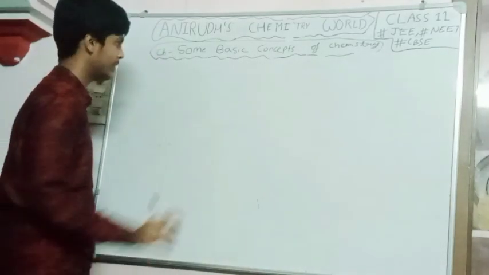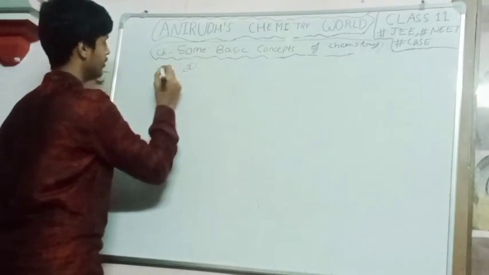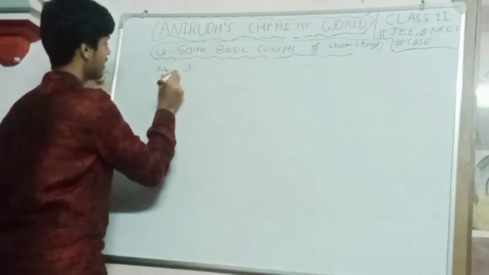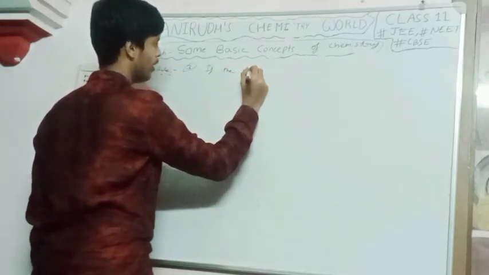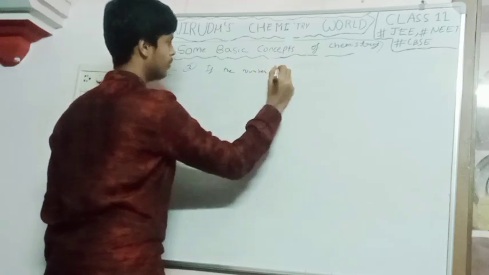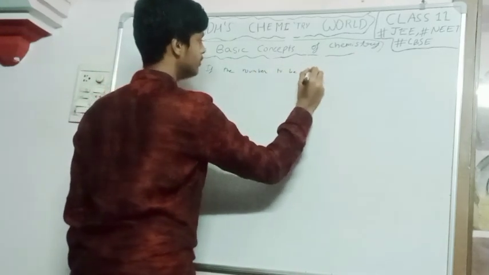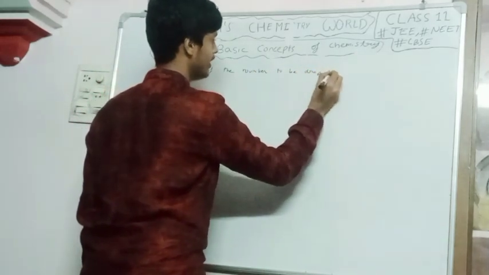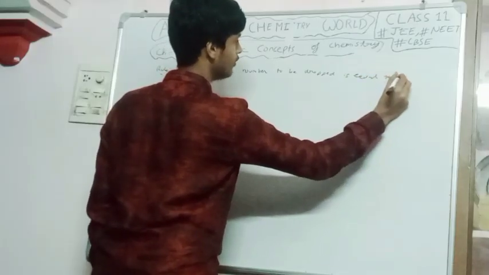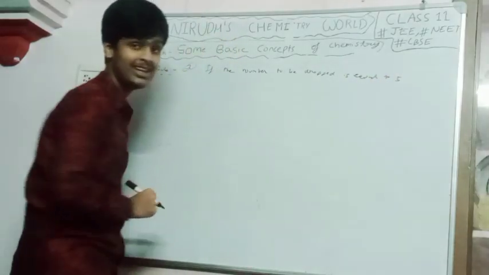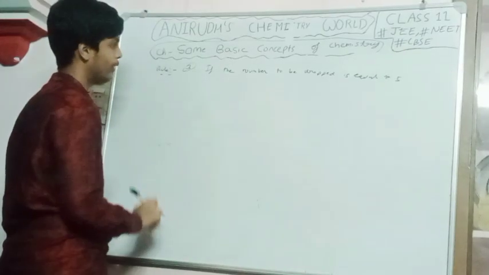Now, the third rule we are going to see is, if the number to be dropped is equal to 5. Here the real rounding off starts.